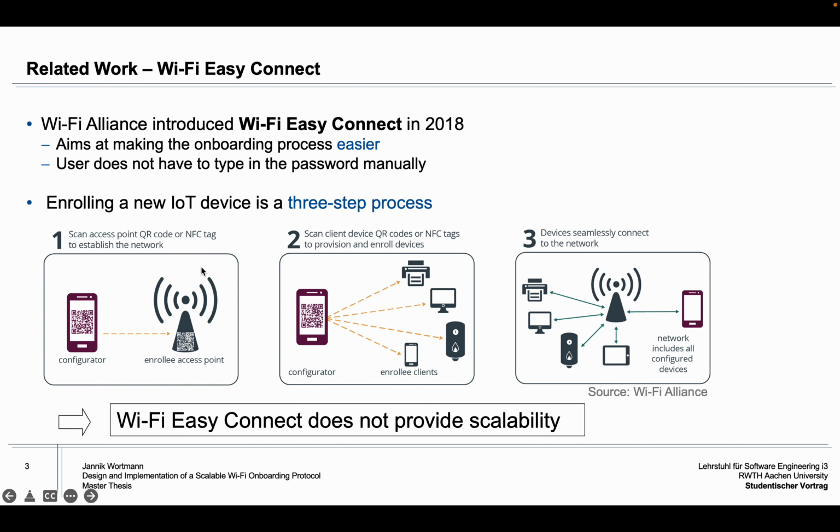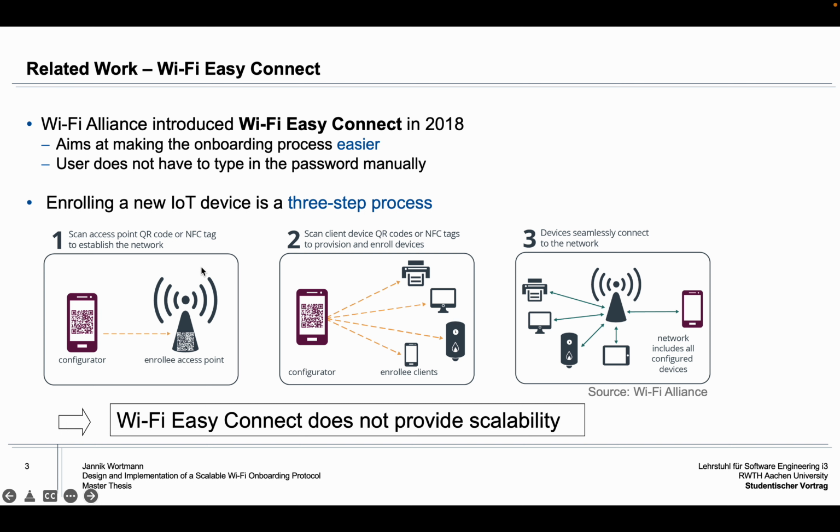And therefore, the Wi-Fi Alliance introduced the Wi-Fi Easy Connect protocol in 2018, which aims at making the onboarding process easier because the user doesn't have to manually type in the Wi-Fi password. And enrolling a new IoT device is a three-step process. So first, the user has to use the smartphone to scan a QR code on the access point, which contains the Wi-Fi credentials.